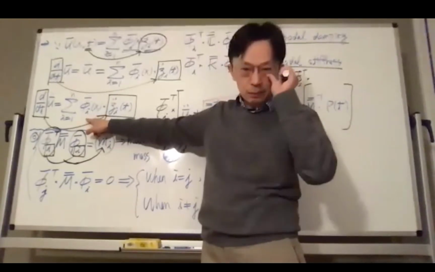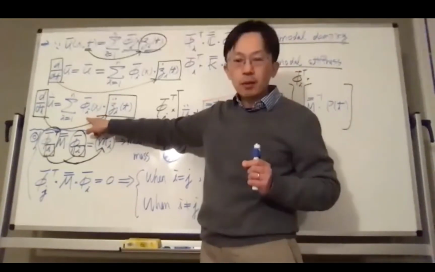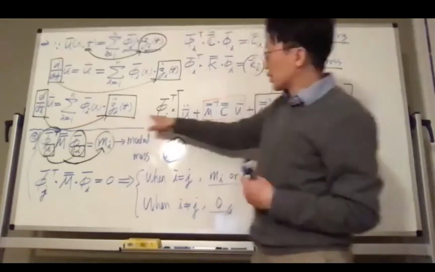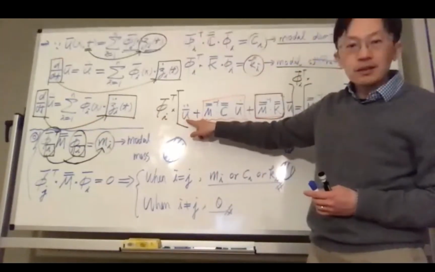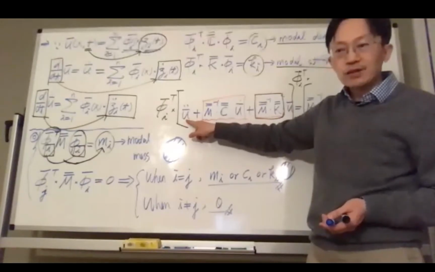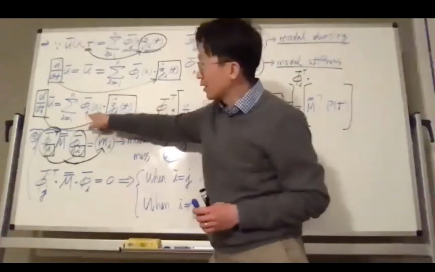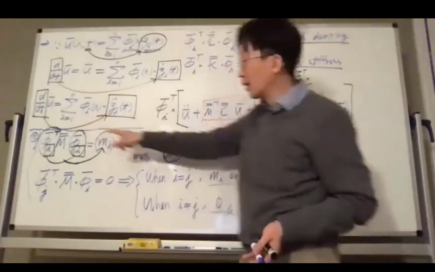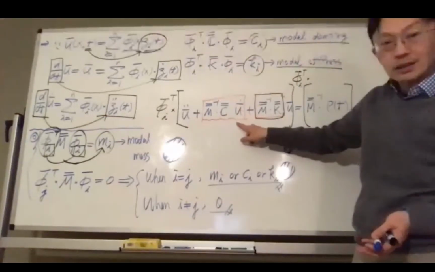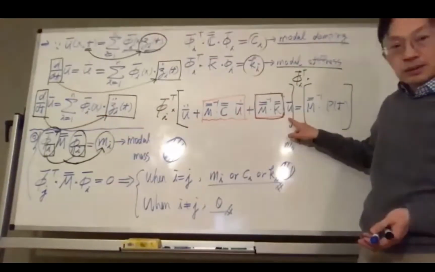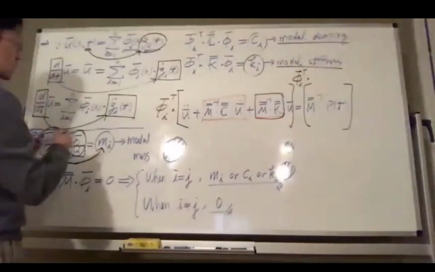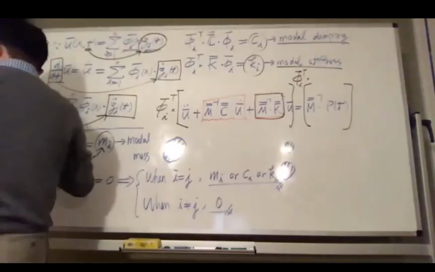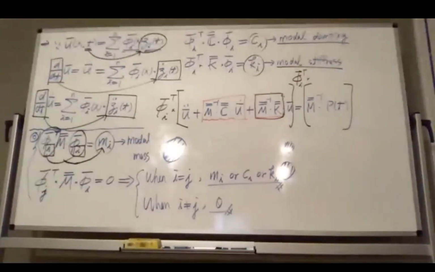And this is the beauty in the modal orthogonality, because in this acceleration vector, it also has a mode-shaped vector, untouched. It's the same mode-shaped vector as the one in velocity, as the one in displacement, correct? Can you see that? I can use red, just to show you where it is.